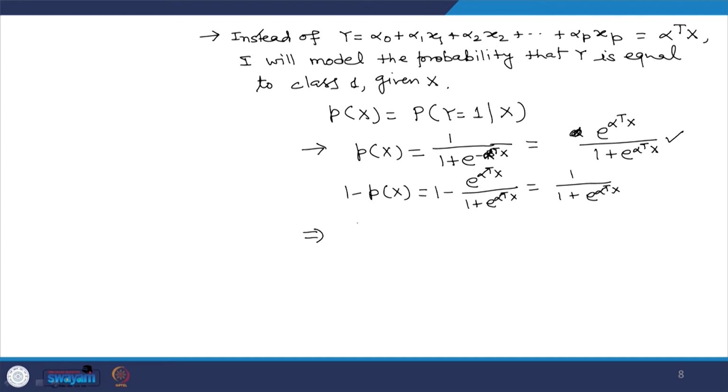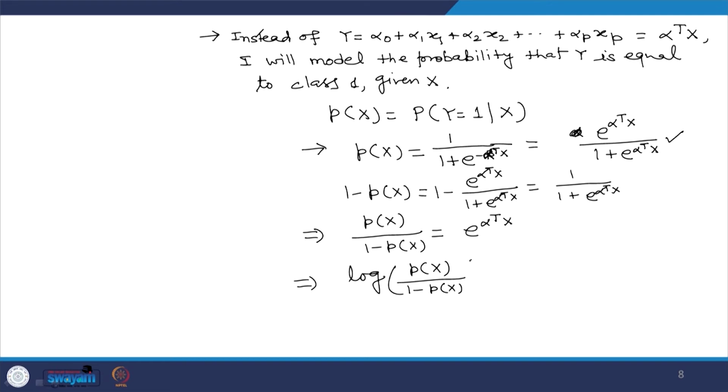So, from here I can write p of x upon 1 minus p of x is just e raised to power alpha t x, or log of p of x upon 1 minus p of x equals alpha t x, which is your alpha naught plus alpha 1 x 1 up to plus alpha p x p.